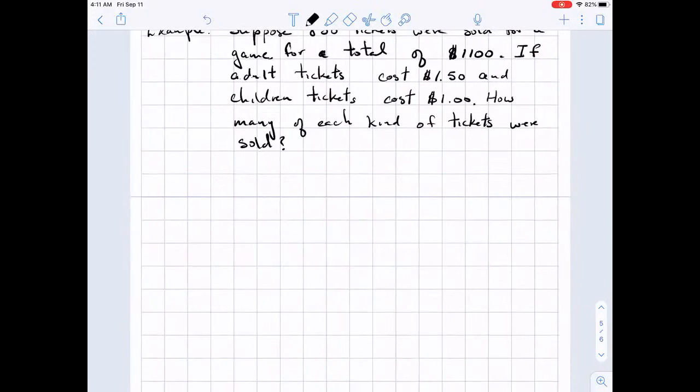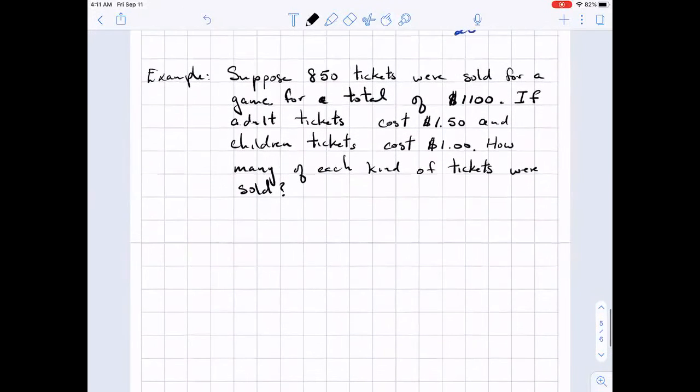So let's read that again. Suppose 850 tickets were sold for a game, for a total of $1,100. If adult tickets cost $1.50 and children ticket cost $1, how many of each kind of tickets were sold?